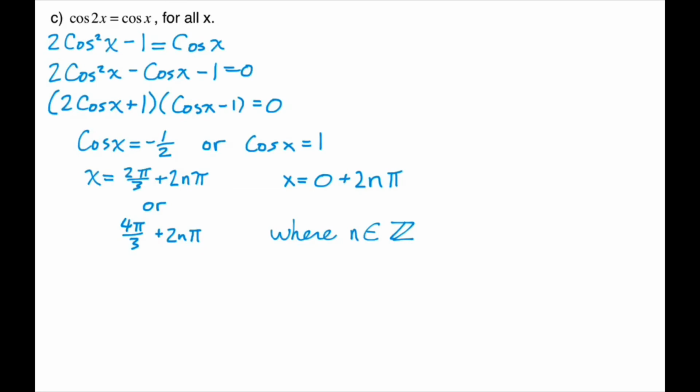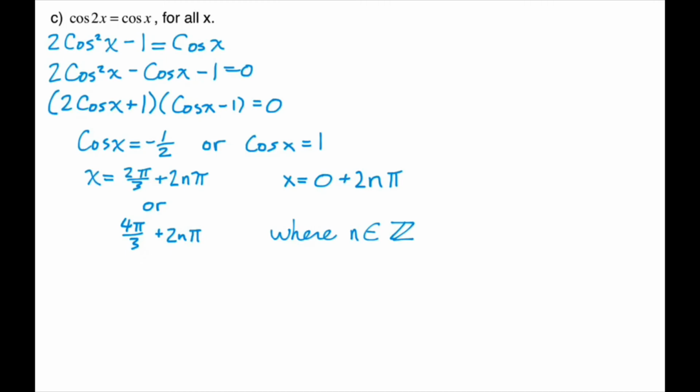Now, if you take a look at these three solutions, and if you were to place all the solutions on a number line, you would have 0, 2 pi over 3, 4 pi over 3, then the next one from here would be 6 pi over 3, and then 8 pi over 3, and then 10 pi over 3, and so on.